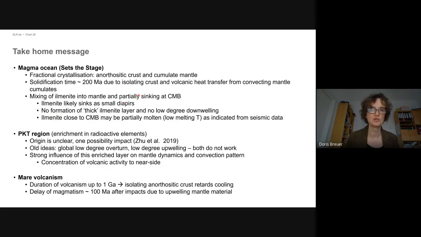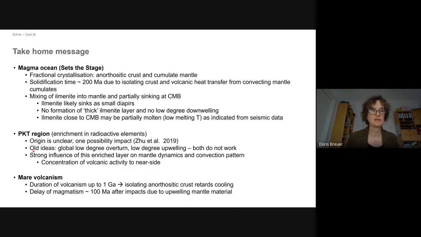Therefore, also no low-degree downwelling. And which I haven't addressed, but the ilmenite close to the core-mantle boundary layer may be partially molten because it has a low melting temperature. And this has also been indicated by seismic data, actually, that there could be some partial melt at the core-mantle boundary. So for the Procellarum KREEP region, the origin is unclear. There's a possibility of an impact which caused this region.